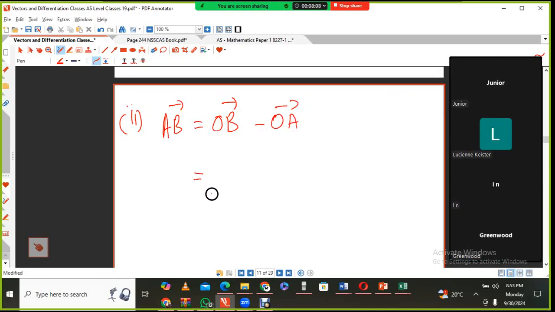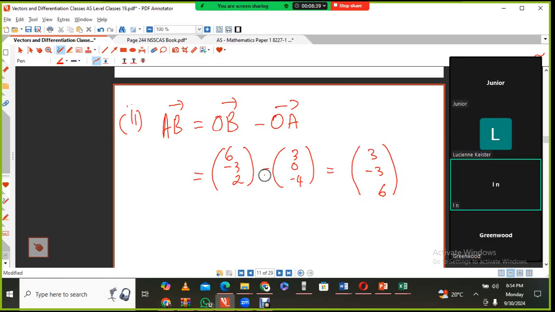And what was our OB? It was (6, -3, 2). And what was the position vector of OA? (3, 0, -3, 0). So you get 3 over there, negative 3 over there, and 6 over there.